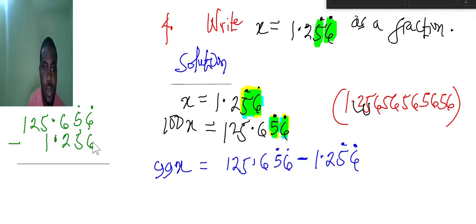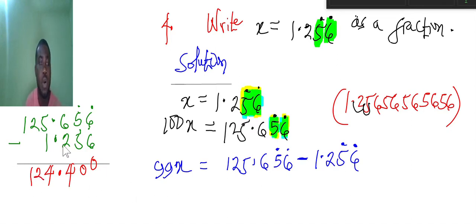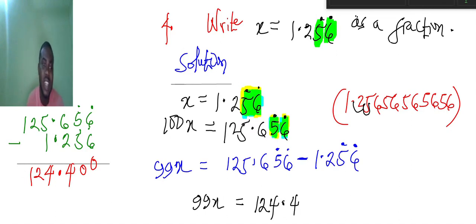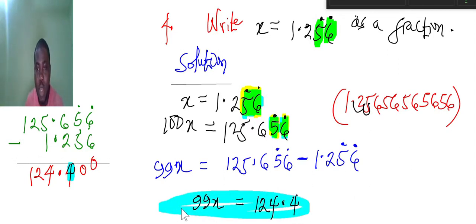We have 6 minus 6, 5 minus 5, 6 minus 2 is 4, bring the decimal point, 5 minus 1 is 4, bring down 2, bring down 1. That's 124.4. So we have 99x equals 124.4. Once we get to this stage, we notice that there's no recurrence of any digits again. It's just strictly 124.4. So that means we're still fine.